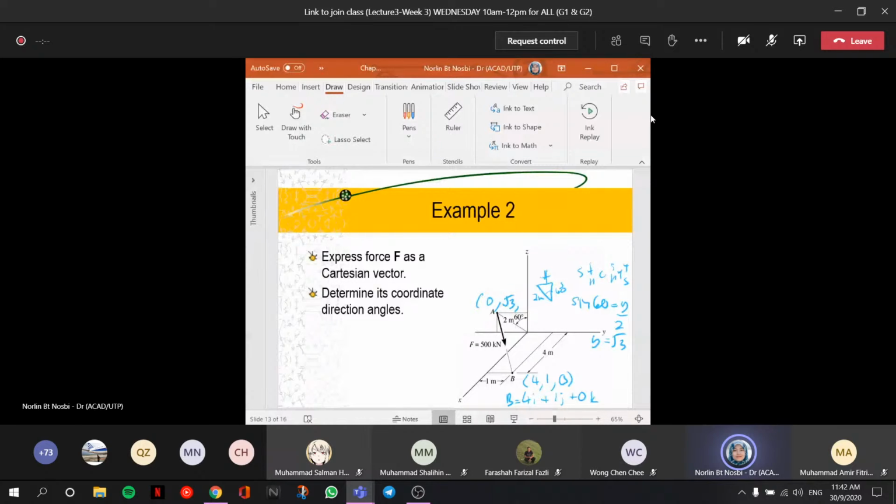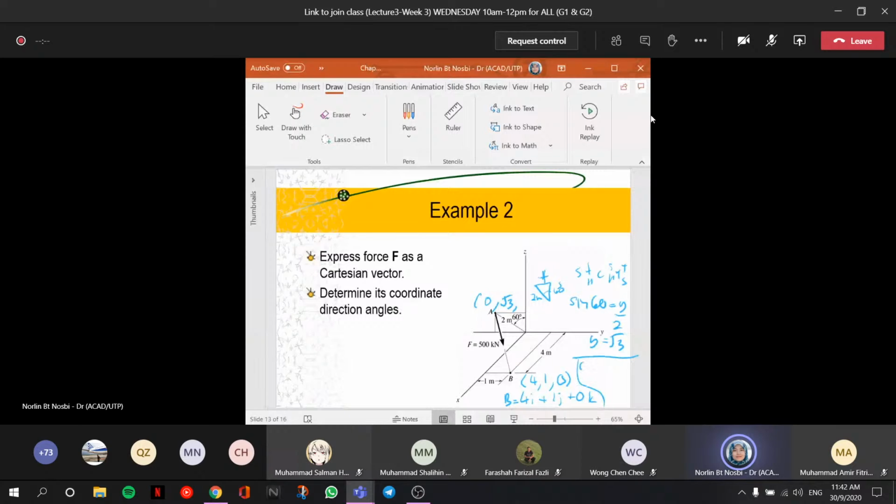And then you want to find the position on the z-axis. It would be the adjacent side, so from the 60 degree angle you need to use cos. Cos 60 equals the side value over 2. Then you will get 1.